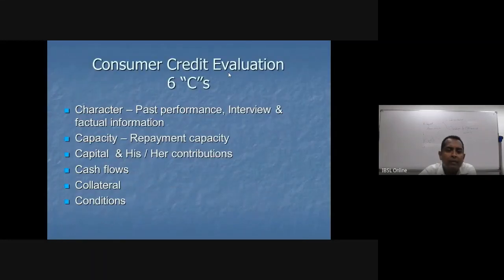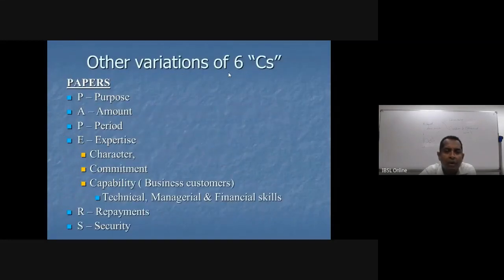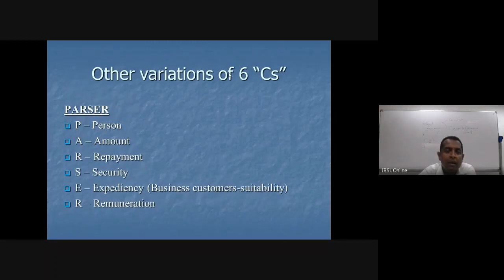5 C's, 6 C's of credit. First one, PAPERS: purpose, amount, period, expertise, repayment and security. Second one, PASSER: person, amount, repayment, security, expediency, and remuneration.